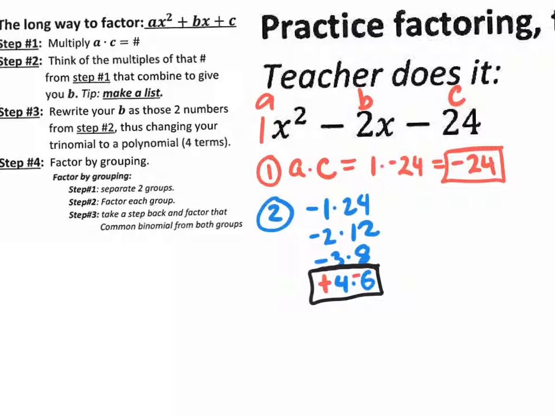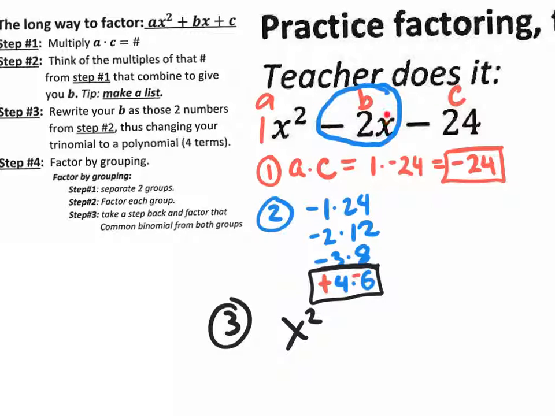I need to change this b value, which is really -2x, into these two terms, but with x's. So I'm going to change the trinomial into a polynomial. So the first part says x squared. I'm just going to write it. Check it out. So step 3, x squared is my first one.